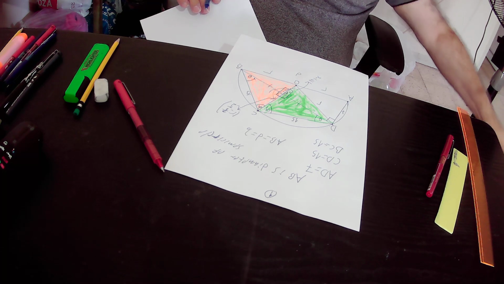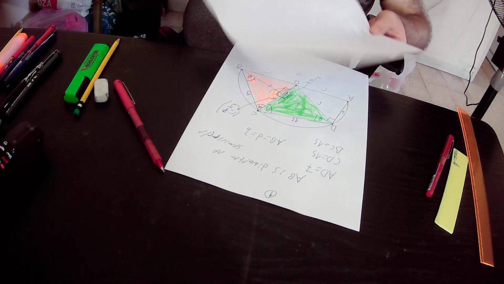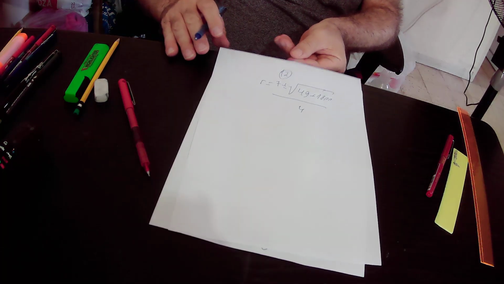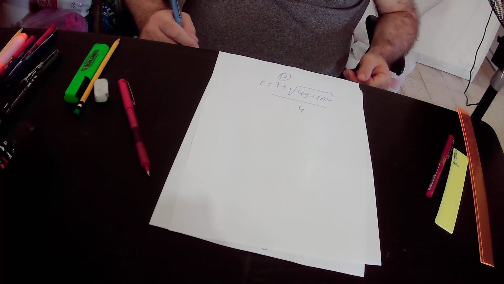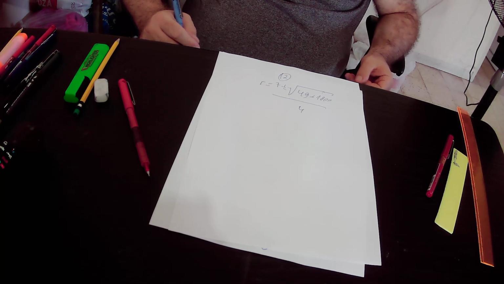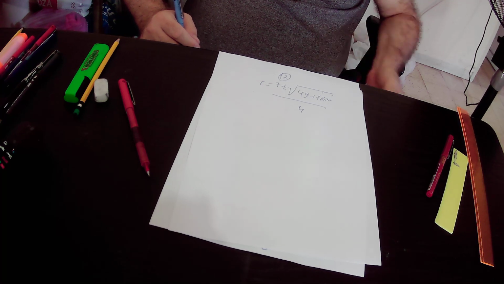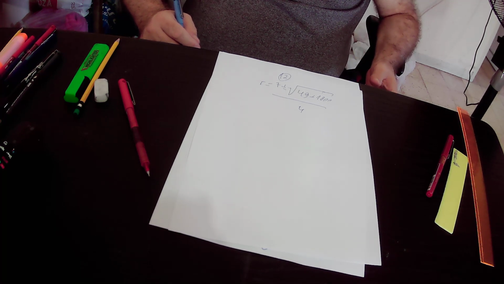So in total we got that the radius of the semicircle equals 7 plus minus the root of 49 plus 1800.